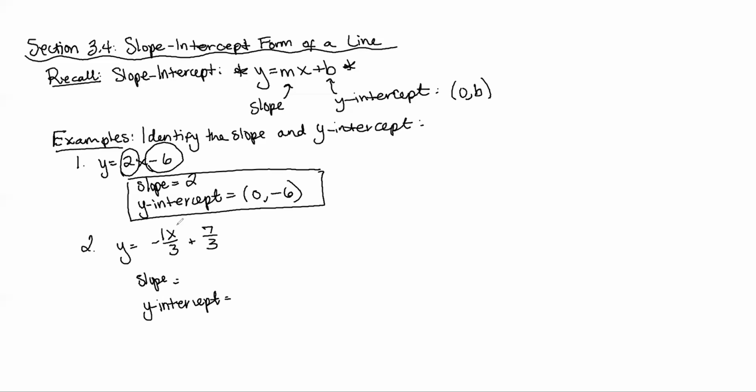And so instead of writing this as -1x/3, we're going to take our coefficient out in front. So -1/3 x. And so our slope is -1/3. And our y-intercept, still using this last number here, is 7/3. So it's the point (0, 7/3).